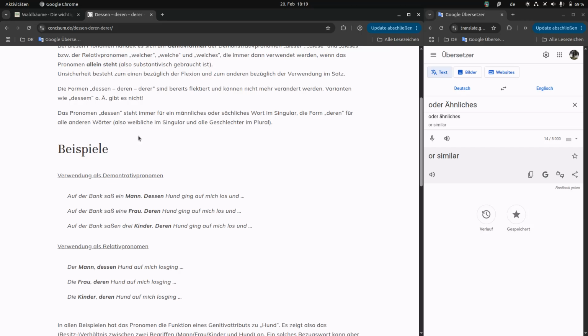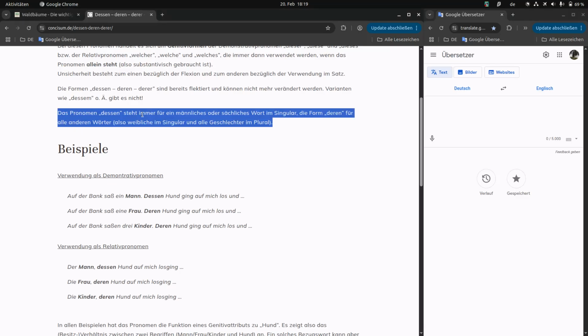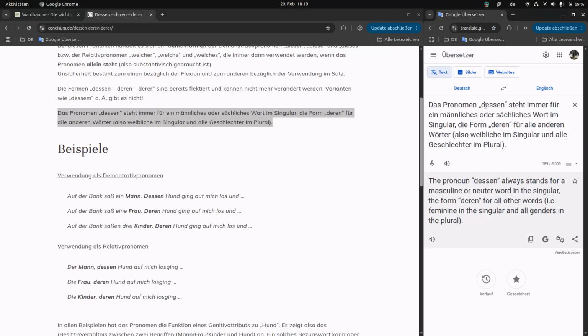"Das Pronomen dessen steht immer für ein männliches oder sächliches Wort im Singular, die Form deren für alle anderen Wörter, also weibliche im Singular und alle Geschlechter im Plural." Yeah, this is what I was saying. In a lot of cases, I said that with the neutral form, but the feminine form is the plural, more being taken over for the cases.